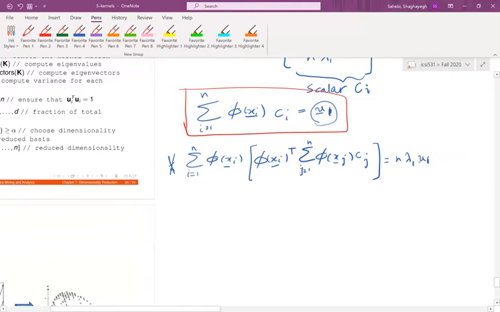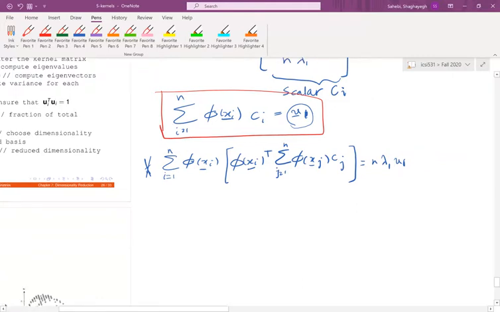Which is basically this u1, we can also rewrite and just say that this is equal to sum over j equals 1 to n, phi of xj cj also.